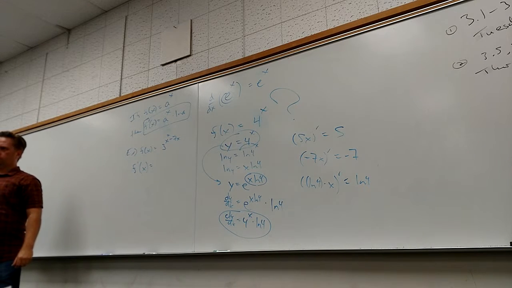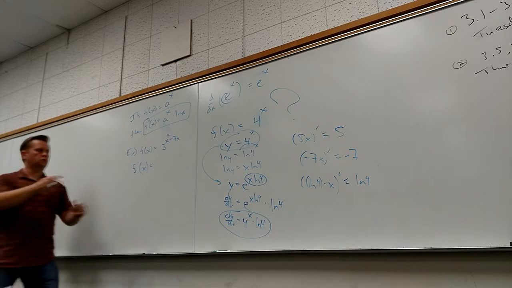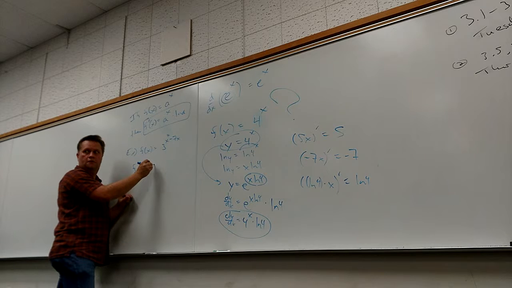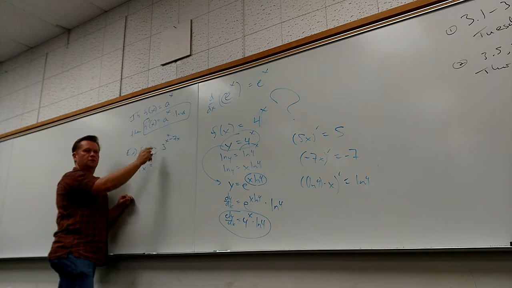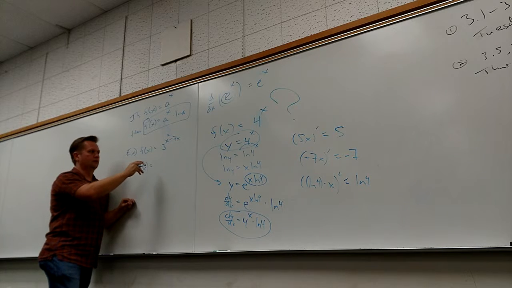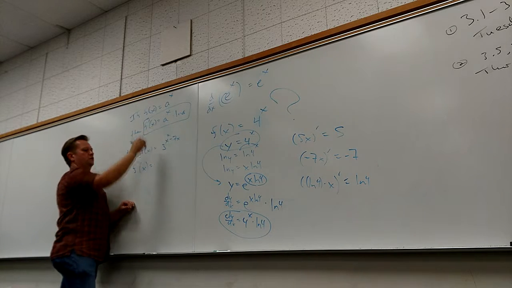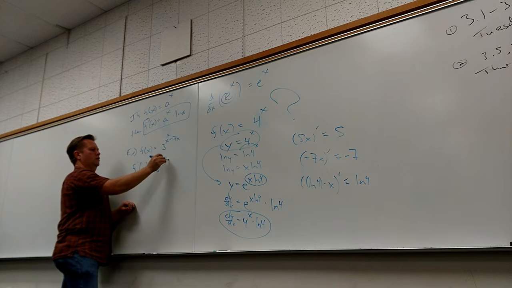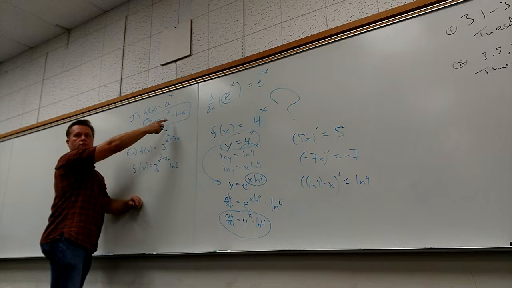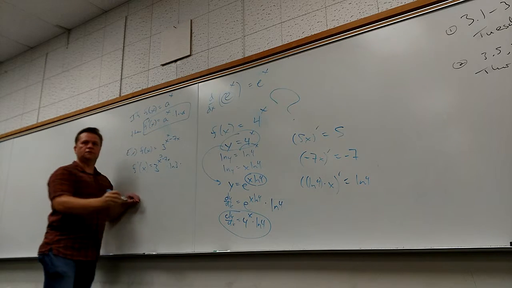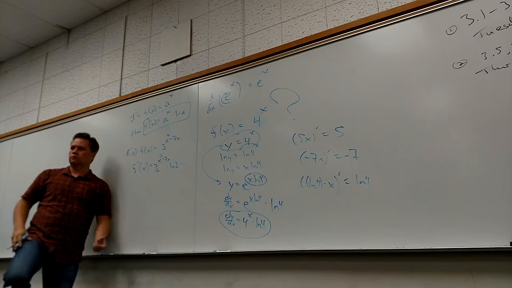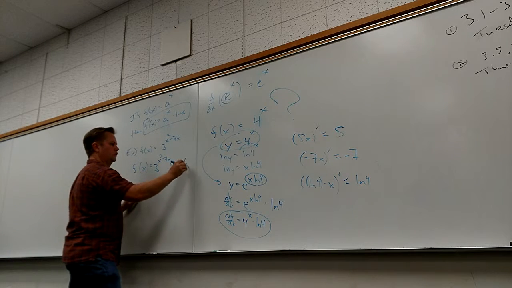What's the derivative of 3 to something? 3 to the something times natural log of 3, right? That's what it says. Times, now what rule comes in? Chain rule. I like it. The derivative of this guy.